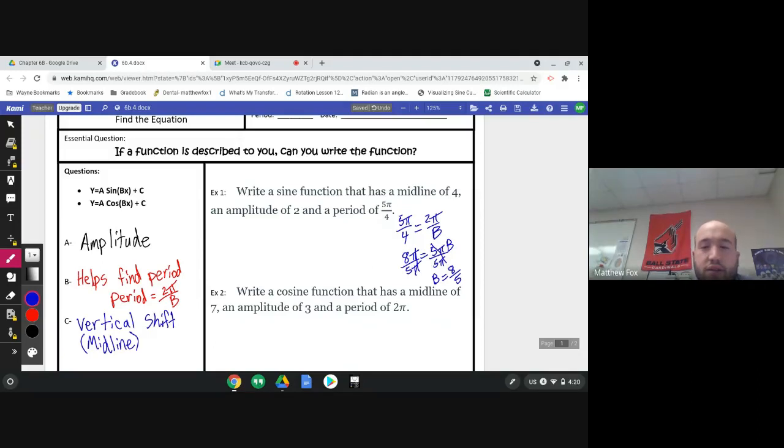All right, so now we know the amplitude is 2, so y equals 2 times the sine. I know it's sine because it told me. Our b value is 8 over 5, put the x in there. And then don't forget plus whatever the midline is, which in our case is 4.